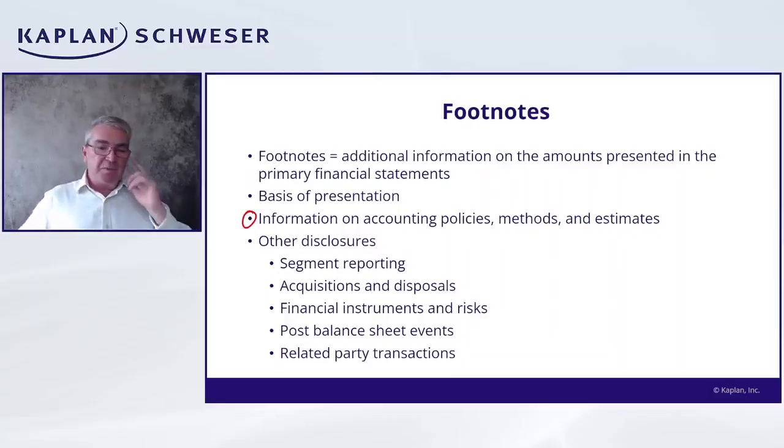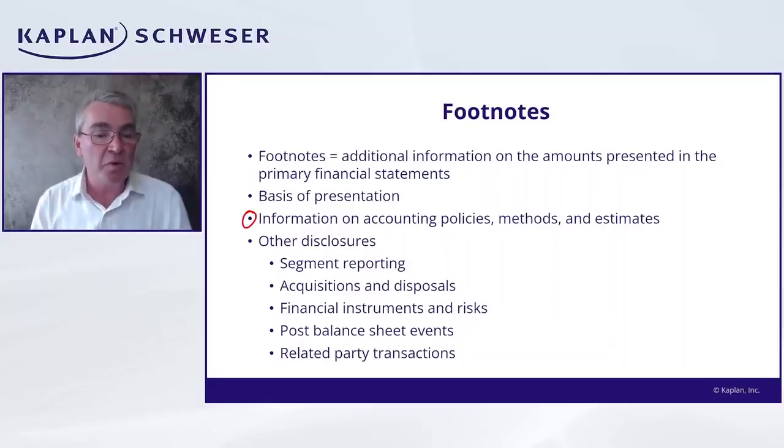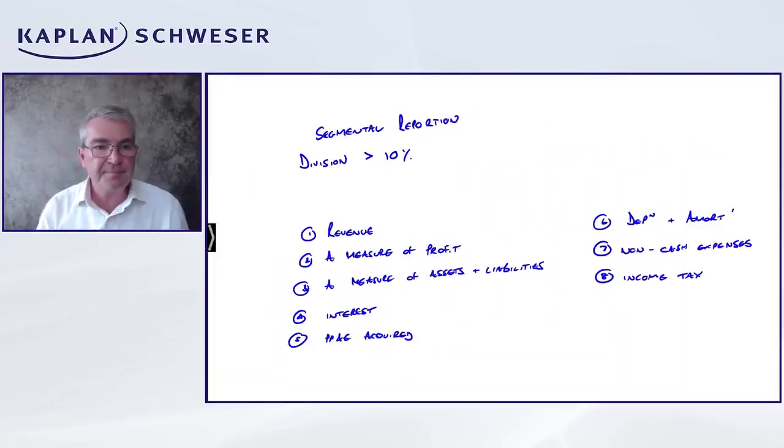Other disclosures, segmental reporting. This is really when you've got a conglomerate, in other words, a company that comprises many different operations. Now, it might mean that each individual operation is a separate subsidiary, or it might mean you've set up on a divisional basis. Let's have a little look at segmental reporting for a second. You can see segmental reporting is required if a division is greater than 10%.